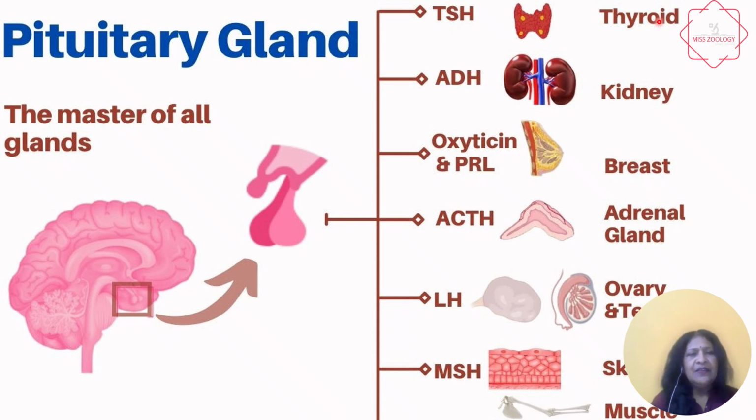That is why, since the effect is widespread and the control throughout the other glands is brought about by the pituitary, generally via the tropic hormones, that's why the pituitary is called the master gland, since it controls and coordinates all other endocrine glands in the body.